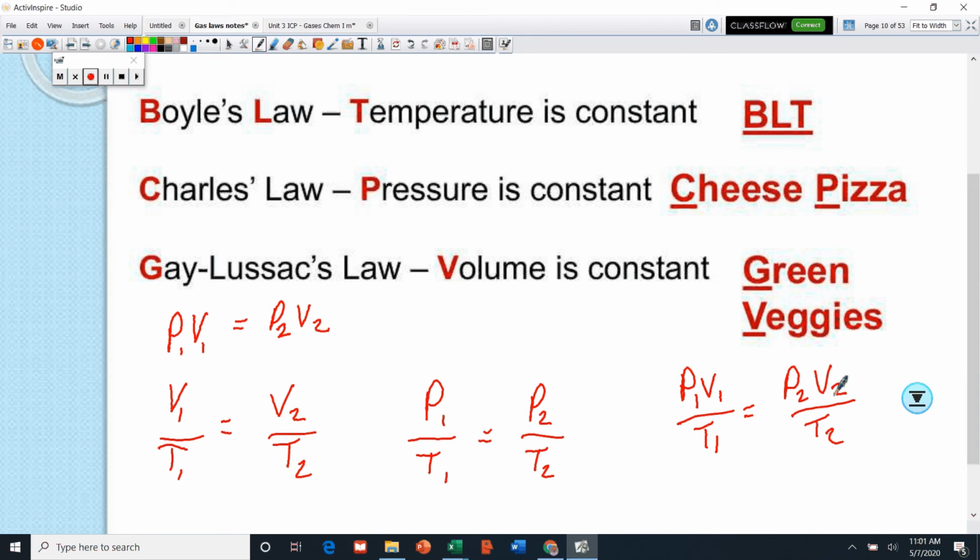In this case, volume: if we increase pressure, volume should decrease, but if we increase temperature, volume should increase. Well, which one has the biggest impact? We have to solve for volume and see. If volume increases, that means that temperature had the biggest impact. If volume decreases, then pressure had the biggest impact.